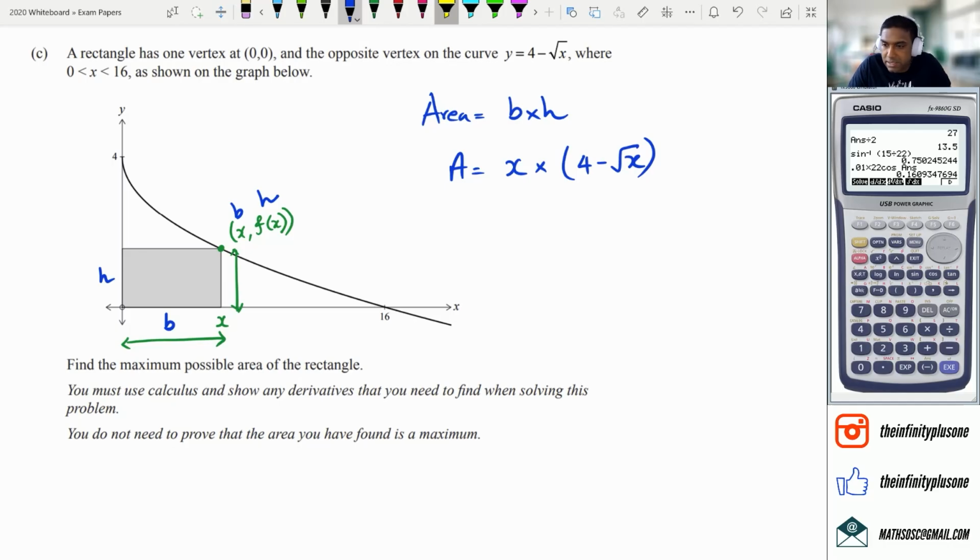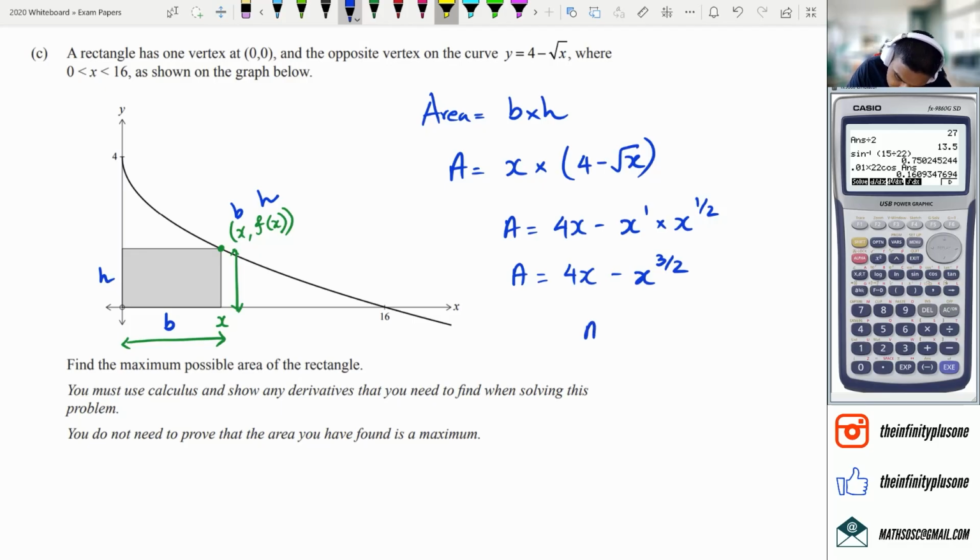So at this point, this is our equation for the area. So we're going to expand it. We're going to get 4x minus... Now remember that square root of x is x to the power of half. So we're going to get x to the power of 1 times x to the power of half. So area is equal to 4x minus x to the power of 3 over 2. So if this is the case, we can now differentiate this.